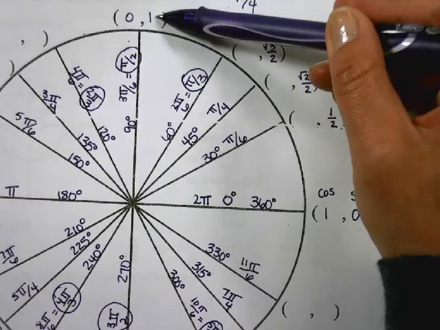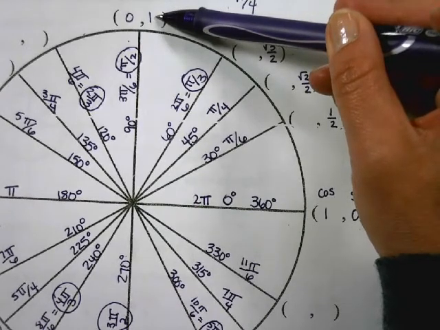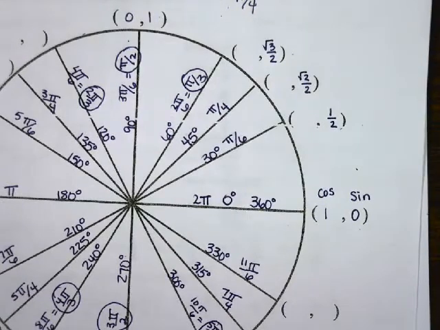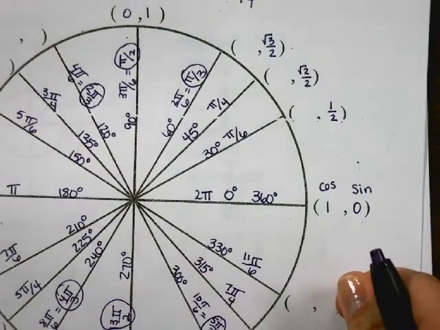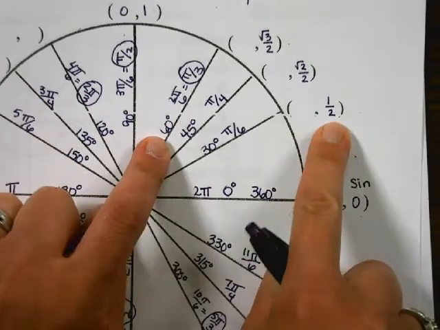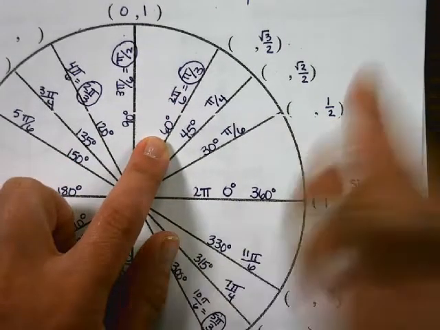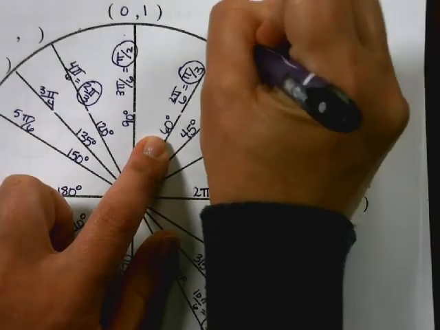What do you remember about sine and cosine? They're cofunctional. Perfect, right? So could I just rewrite this guy back down the same way? The cosine of 60 is equal to the sine of 30. So this guy's ordered pair is 1/2.